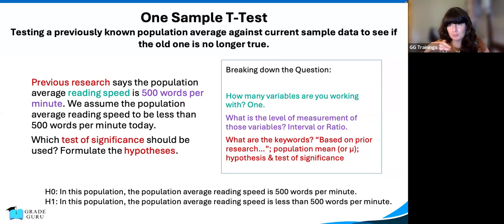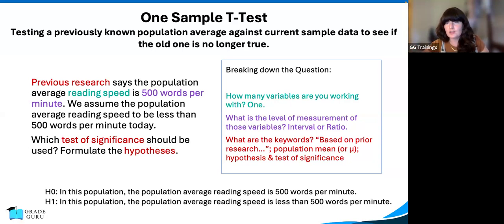And that is always what appears in your H0. Okay, the point of H0 is like a baseline of knowledge. So if the old population mean is 500 words per minute, reading speed, whatever, then that's what's going to appear in your H0. So if you look at the H0 at the bottom, in this population, the population average reading speed is 500 words per minute. They will always give you that number. Okay.